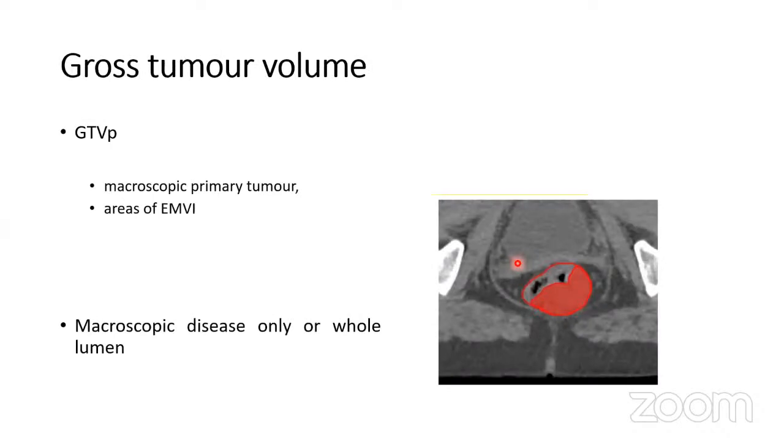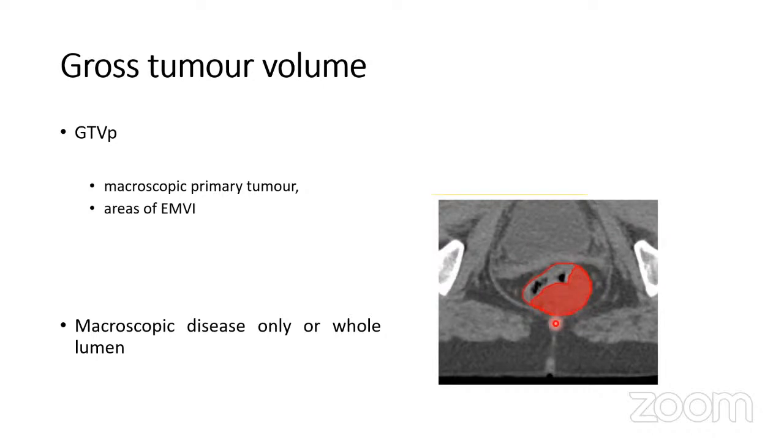So first is the GTV primary, which includes the macroscopic primary tumor, that is the grossly visible tumor on your imaging, and including EMVI. If you find any extramural venous invasion, please include that in your GTV. But there is some controversy regarding whether to go for contouring of macroscopic disease alone as GTV or including the entire lumen as GTV.